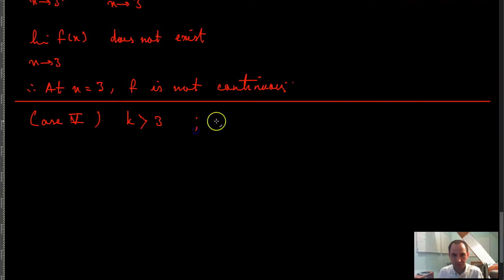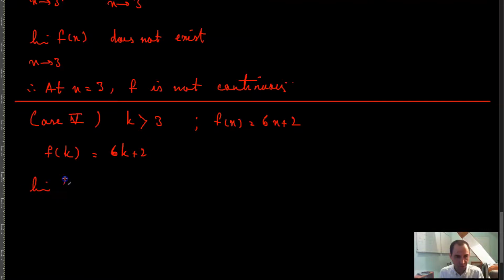So for all k greater than 3, f of k is equal to 6k plus 2.